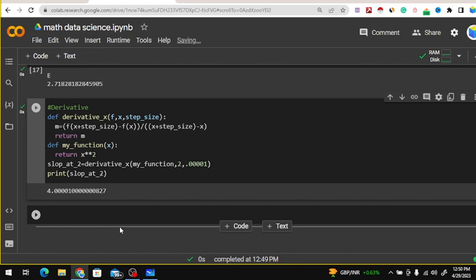So let's calculate derivatives. Calculating a derivative in SymPy is like this.